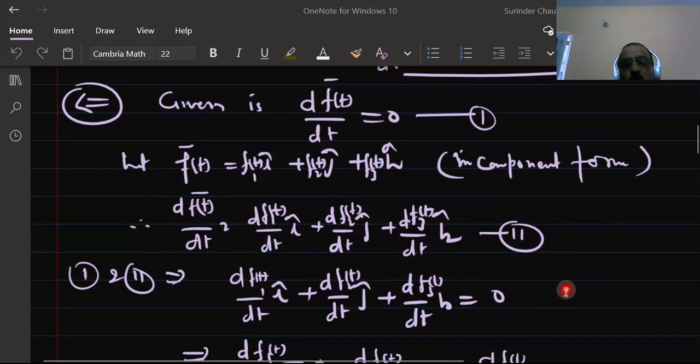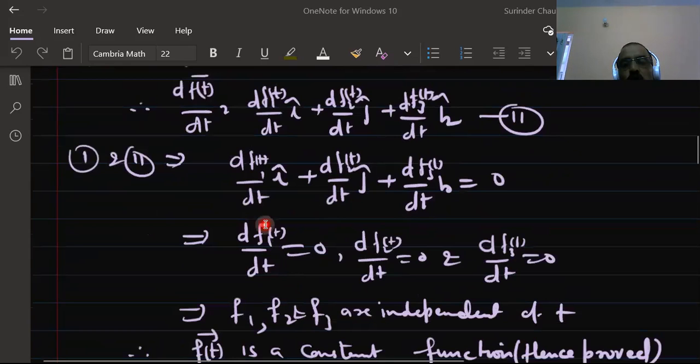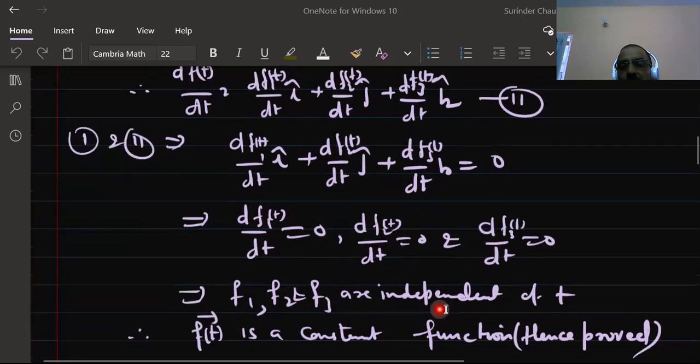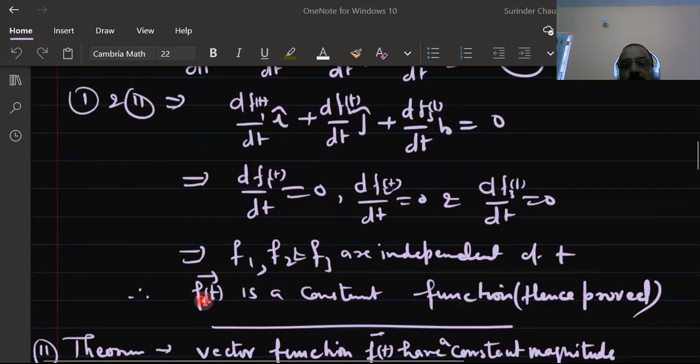So this vector is 0 if all three components are 0. So df1/dt is equal to 0, df2/dt is equal to 0, df3/dt is equal to 0. This implies f1, f2, f3 are independent of t, which means they are constant. Therefore f(t) vector is a constant vector.